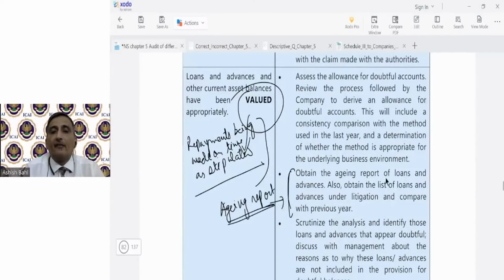So students, one common point which you can remember is, whenever valuation comes in respect of, say, trade receivables, in respect of, say, loans and advances, and even in case of trade payables, in case of creditors, you can write obtaining an aging report. It is a common point in all these cases. Okay.